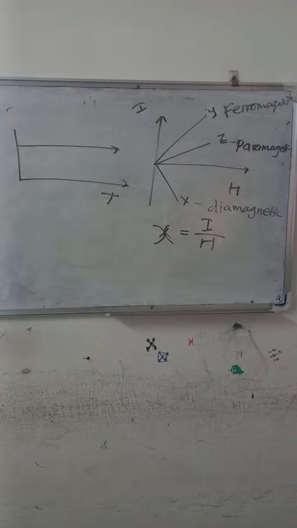That is the reason we use ferromagnetic materials in the transformer. So the Y material is used for the formation of the transformer, because it has a larger value of permeability and low hysteresis loss. So that's why we are choosing Y. Getting this?